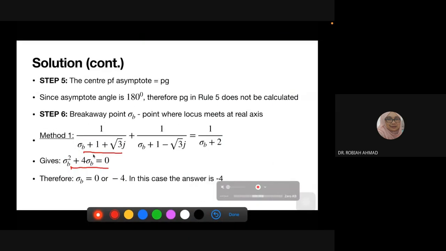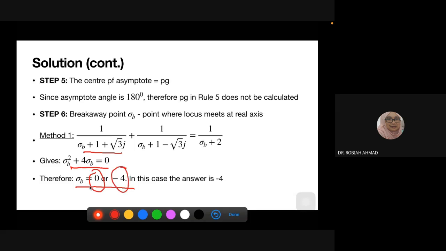Since we have one equation, one unknown, so bila kita solve this one, we will have breakaway point squared plus 4b, and then dalam case ini, when we solve, we have 0 and minus 4. Okay, what does it mean? So maknanya sama ada zeros ataupun minus 4.